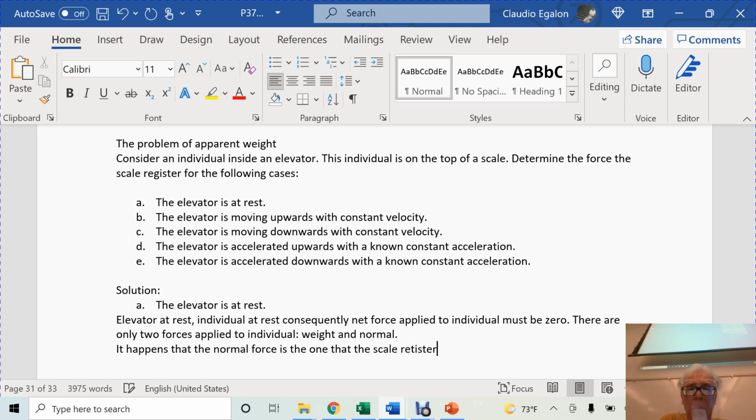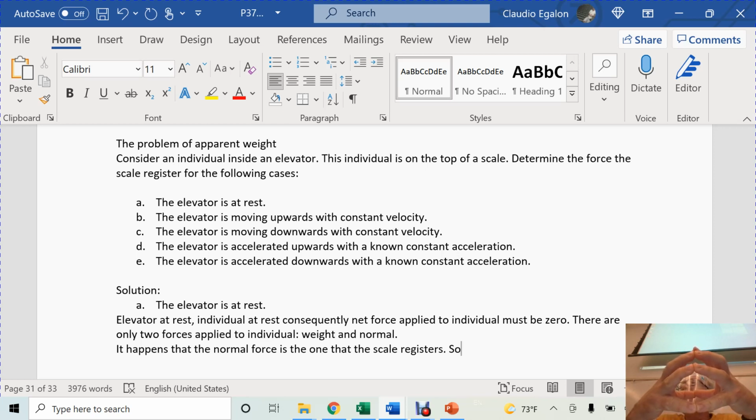If you have a scale that is calibrated to measure force, whatever is displayed there is going to be the force, just like the scales here in the States that are calibrated to measure in pounds, right?